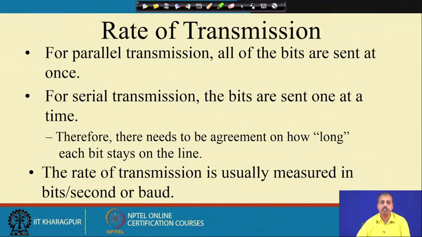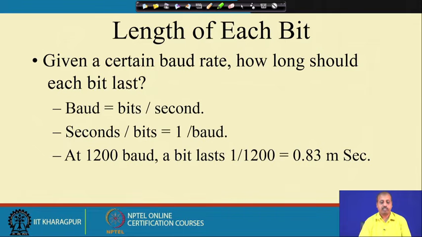Baud is actually symbols per second, but many times, for the sake of simplicity, we use it for bits per second also. Now, how can you determine the length of each bit? Given a certain baud rate, how long should each bit last?